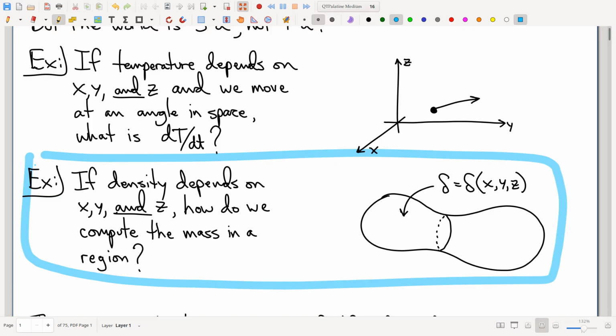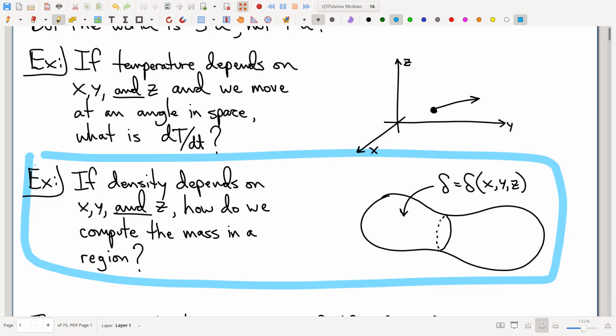You can go into the woods out there and pick up a rock, right? The density is not constant, and it depends on more than just one variable. All right, so how do we answer questions like this? How do we add up all these little bitty pieces of mass? I've got this lump here, and I can think of this as little pieces of mass, but how do I add them all up?